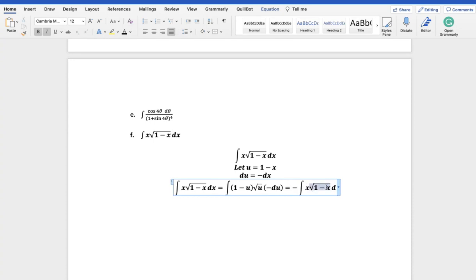And under the integral, when you multiply in the square root of u, you have square root of u, minus u to the 3/2, all multiplied by du, right? I hope this makes sense.